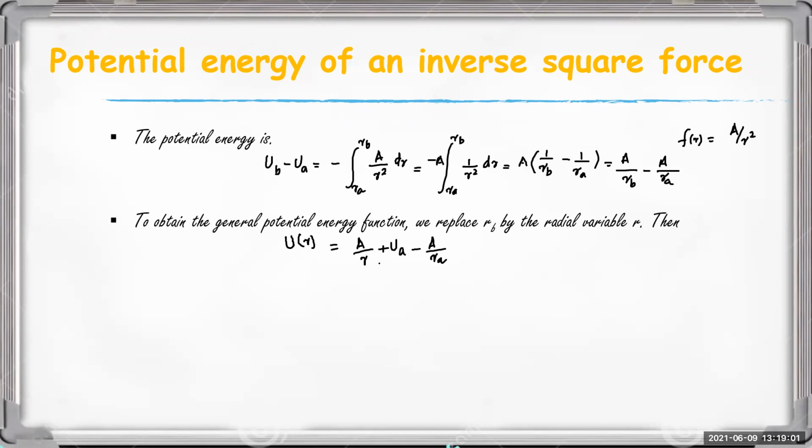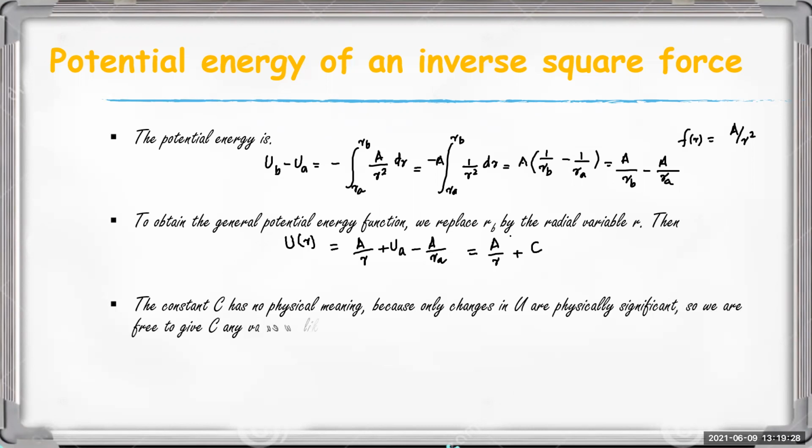Here we write that is equal to A divided by r plus some constant C. We write the total quantity U_A minus A by r_A as some constant, C equal to U_A minus A divided by r_A.